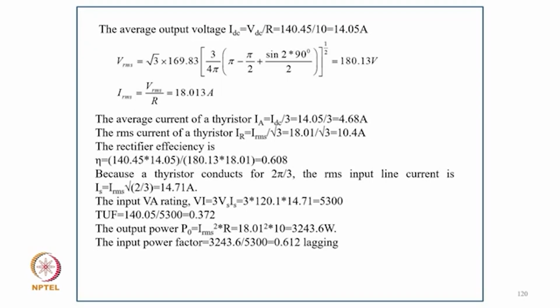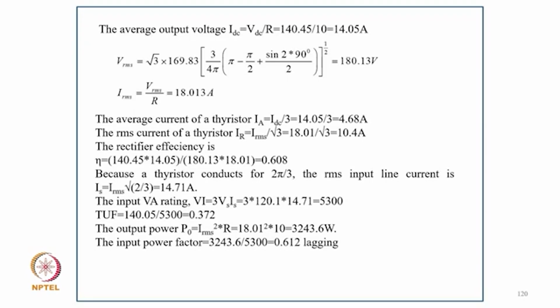And the average output current is IDC equal to VDC upon R, that becomes 14.05, and the VRMS equal to root 2 times 169, putting value 180.13, and IRMS equals VRMS upon R, that is 18.013 ampere. The average current of thyristor is IDC by 3, that is 4.68, and IRMS thyristor current is IRMS by root 3, becomes 10.4 ampere, and the rectifier efficiency eta, putting value, comes 0.608.